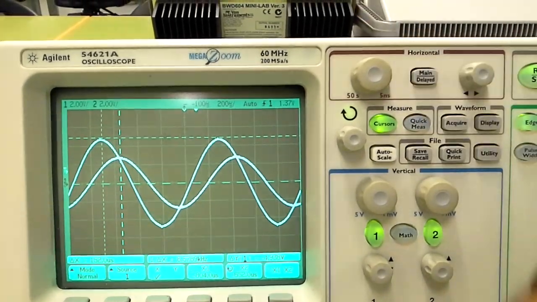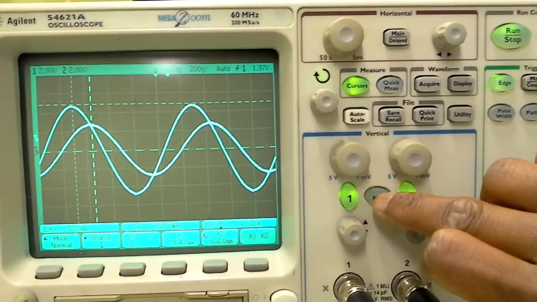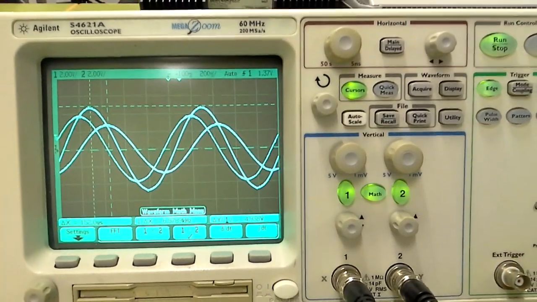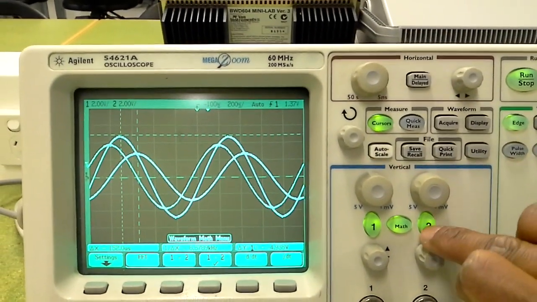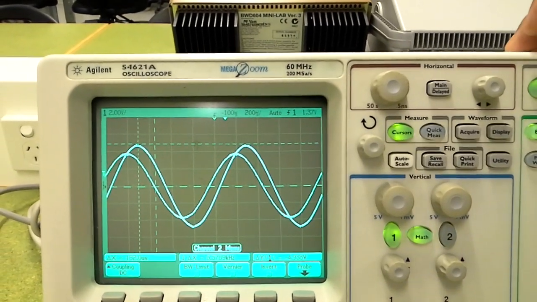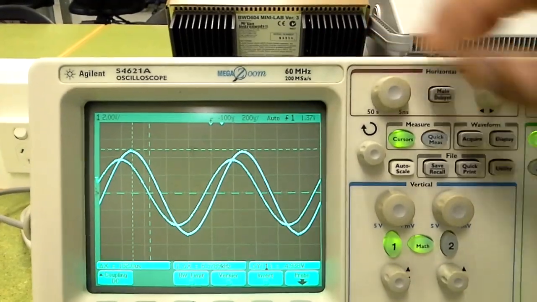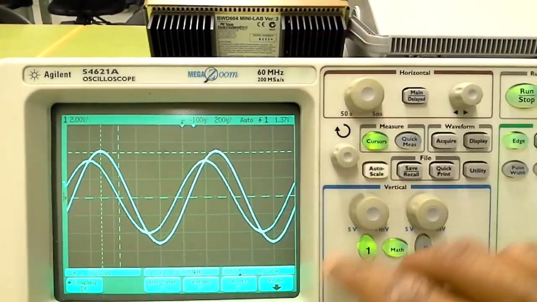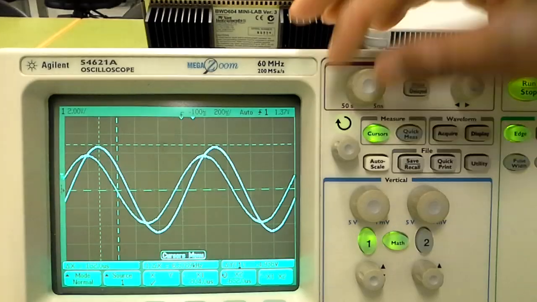And now we can also measure the phase between Vr and Vs. So now we are just showing Vs and Vr. We use cursors again.